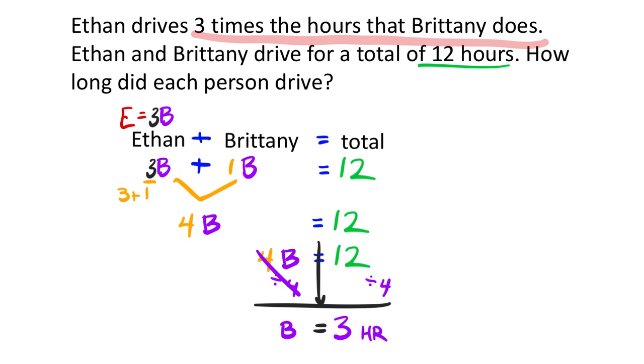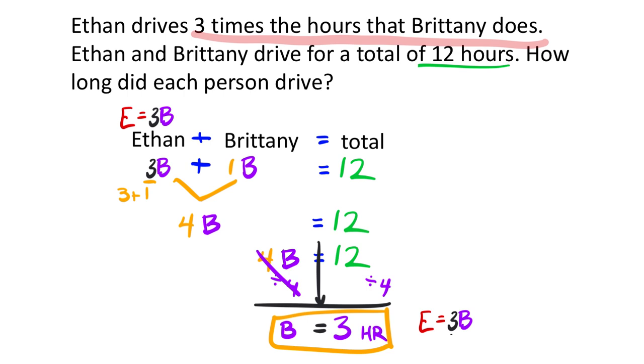Brittany's hours that she drove is 3. Now, that's only for Brittany, right? We now need to figure out, back up here, Ethan's hours. So Ethan's hours, if we were to use the equation, is 3 times b. But now we know that the b is 3.